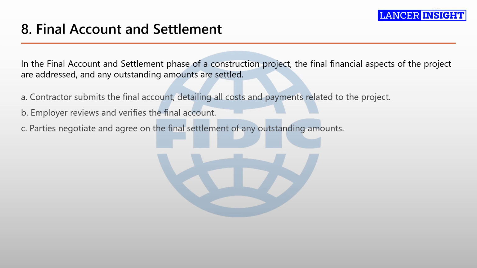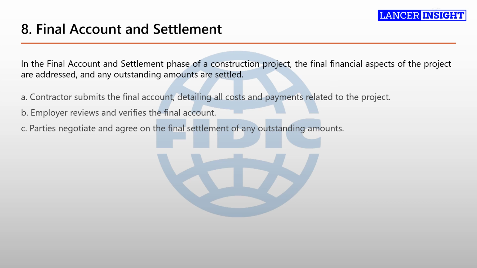This may involve addressing any disputed costs, resolving outstanding issues, or clarifying any outstanding payment obligations. The goal of the negotiation process is to reach a mutual agreement on the final settlement of any outstanding amounts, ensuring fairness to both parties and settling any financial obligations related to the project.